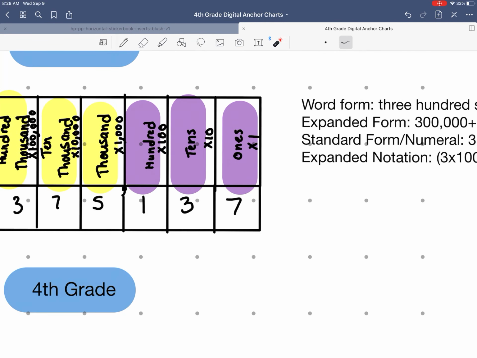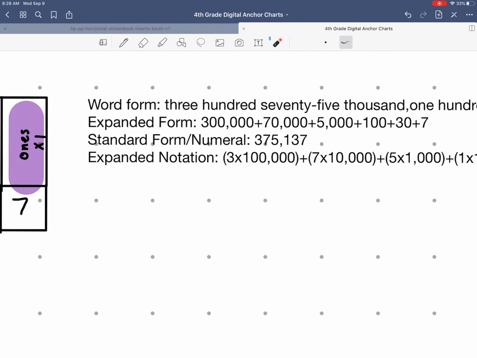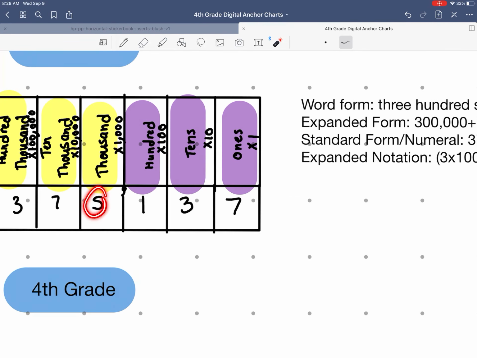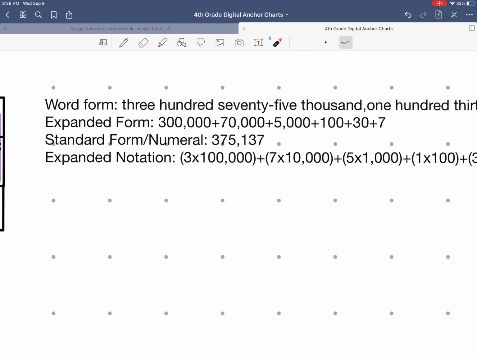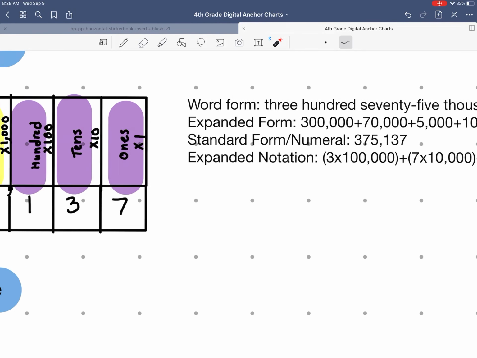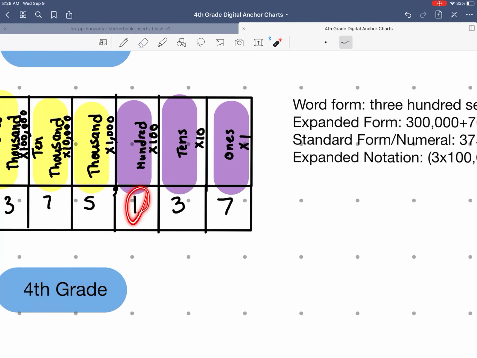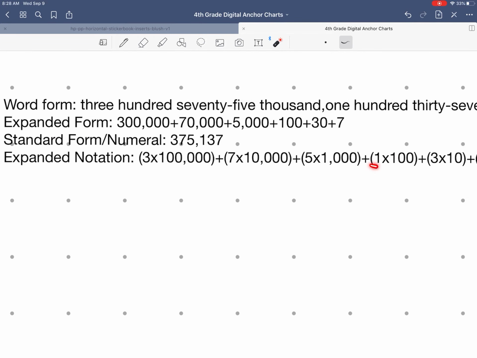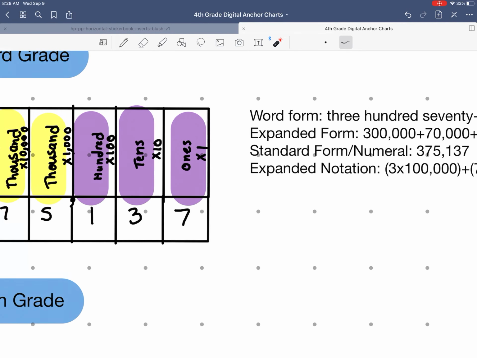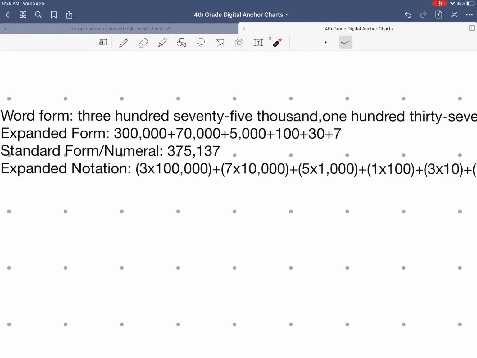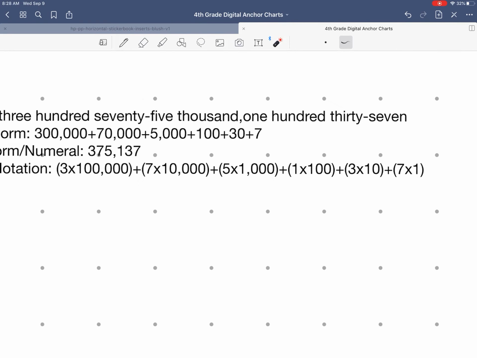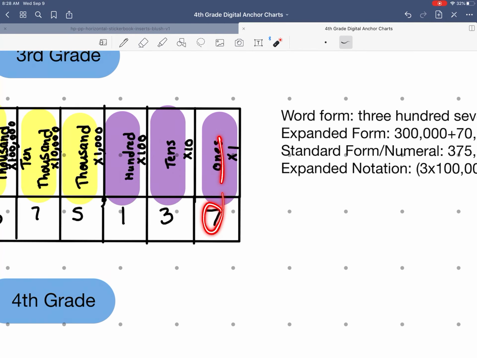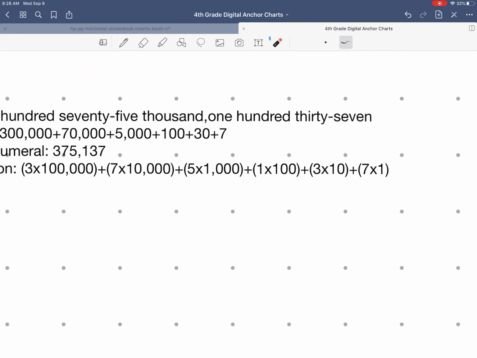Plus 7 times 10,000. Then you have 5 times 1,000, and then you have 1 times 100 plus 3 times 10. And then the last one is 7 times 1. And that's it.